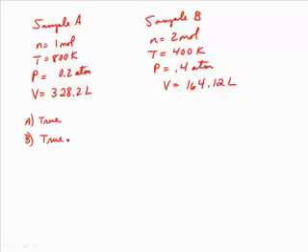The fraction of molecules in sample A having a kinetic energy greater than some high fixed value is larger than the fraction of molecules in sample B having kinetic energies greater than that same high fixed value.